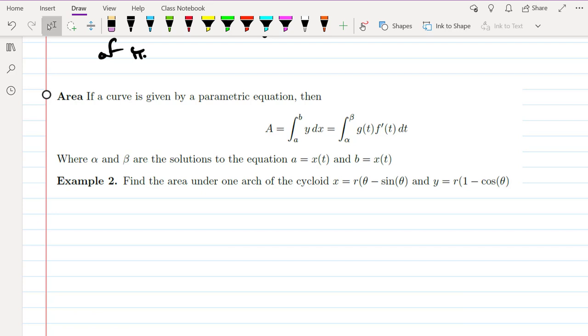So in order to use this definition, if our parametric functions are given as a parameter of t, we need to convert our limits of integration to two new numbers, alpha and beta, and integrate g of t f prime of t dt, where a and b, alpha and beta, are the solutions to the equations a equals f of alpha and b equals f of beta.